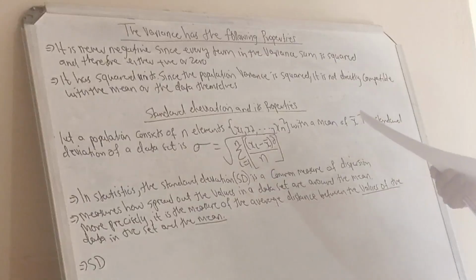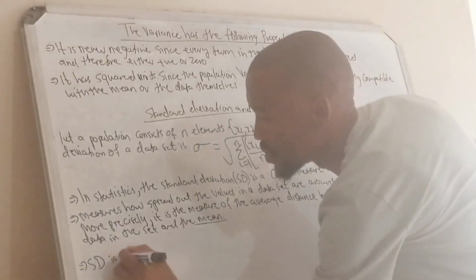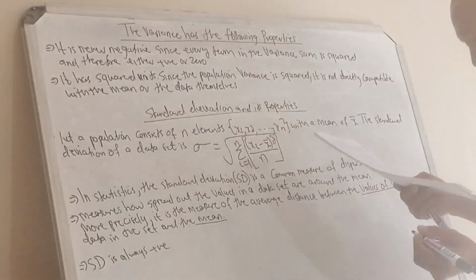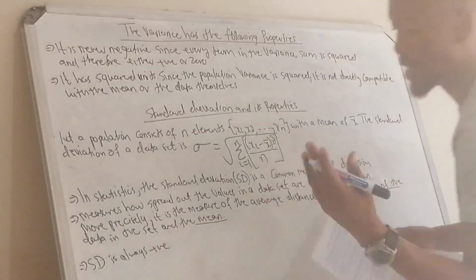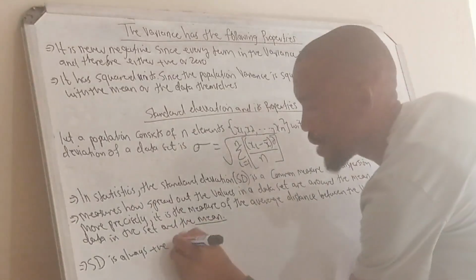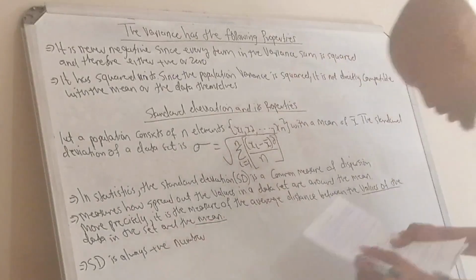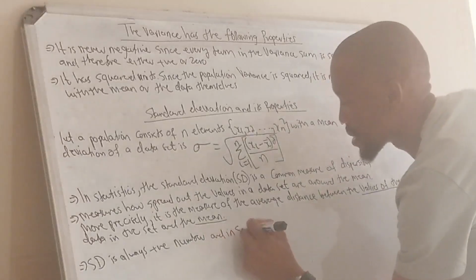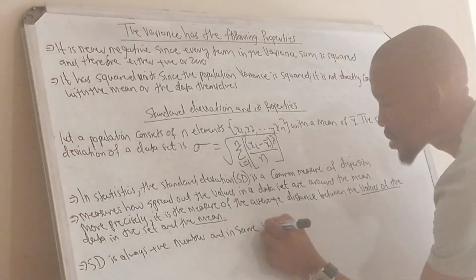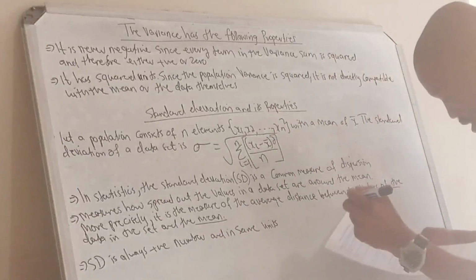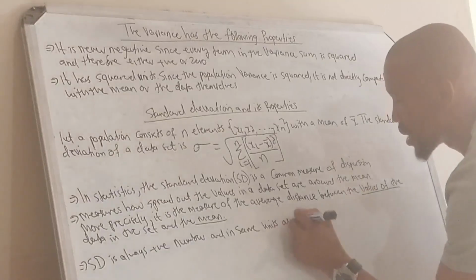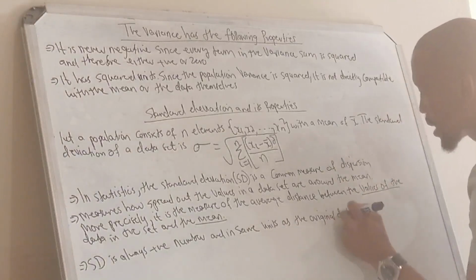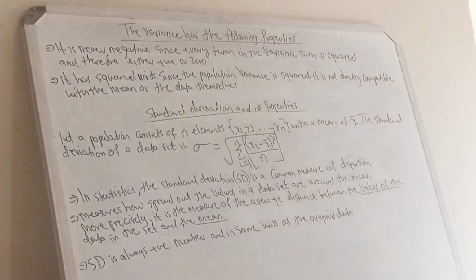Standard deviation is always positive. It is always a positive number, and in the same units as the original data.